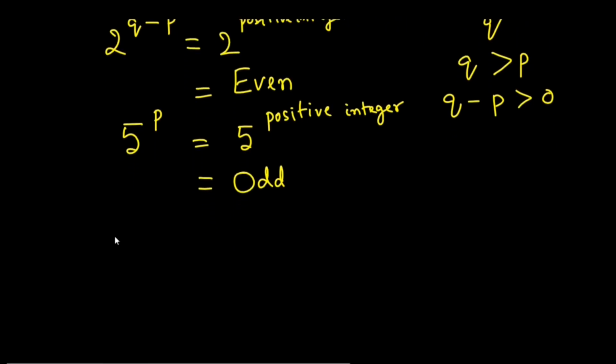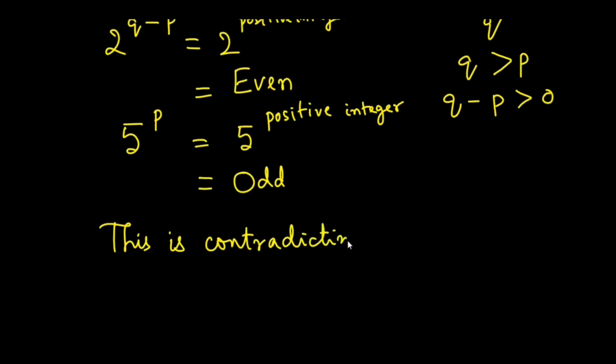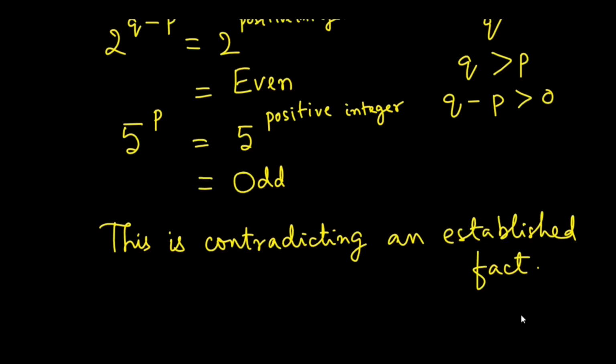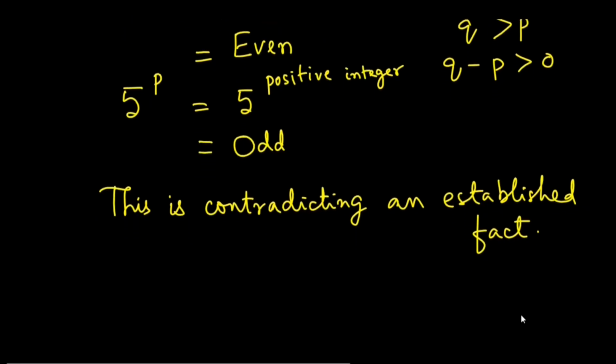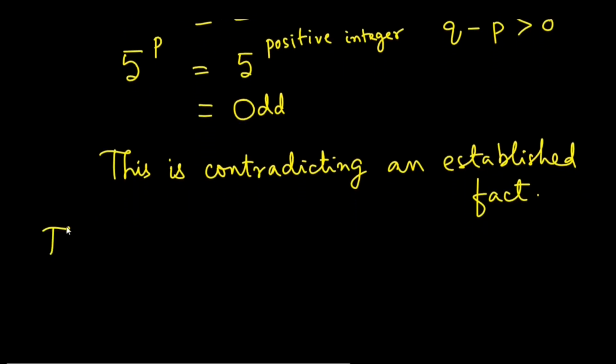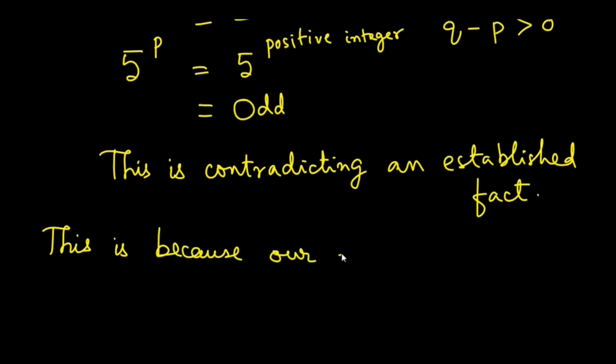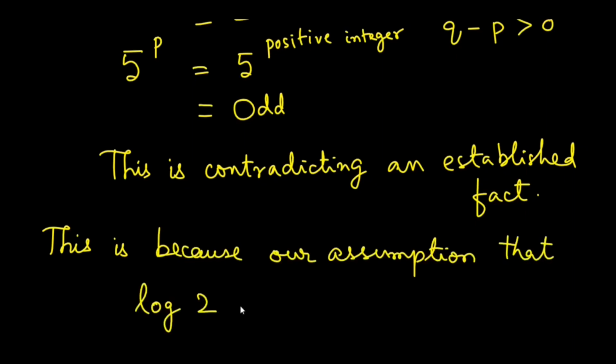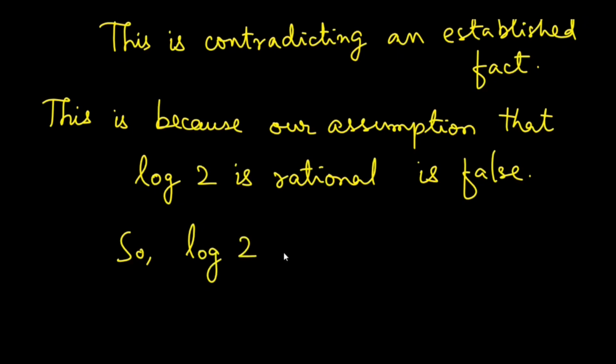This is contradicting an established fact. This is because our assumption that log 2 is rational is false. So log 2 is irrational.